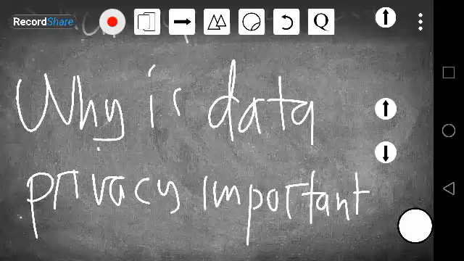You'd realize that everyone needs that freedom of privacy, intimacy. At some point in time, every human being needs to reserve him or herself from other people. That is the reason why there's data privacy.